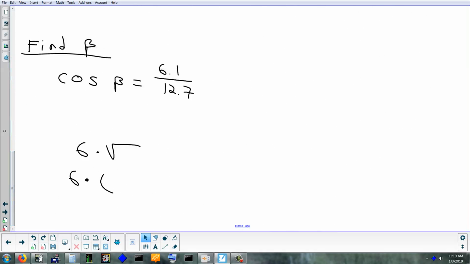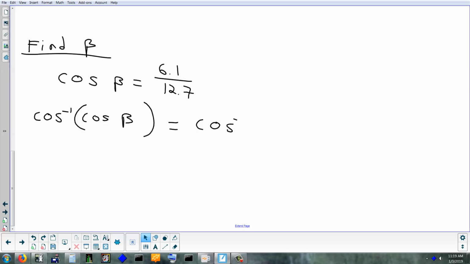This is something you can't do, right? So we're not multiplying, we're taking the inverse cosine. Take everything that's on the left, and that's going to get plugged into the inverse cosine. Take everything that's on the right, and that's also going to get plugged into inverse cosine.